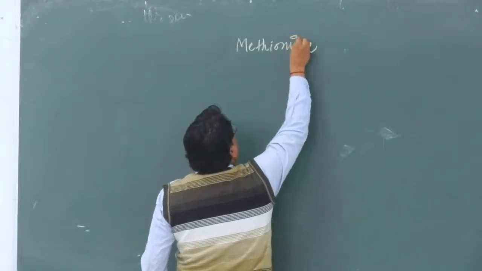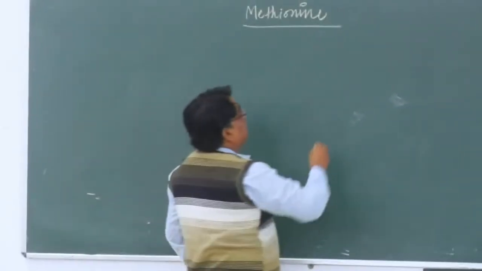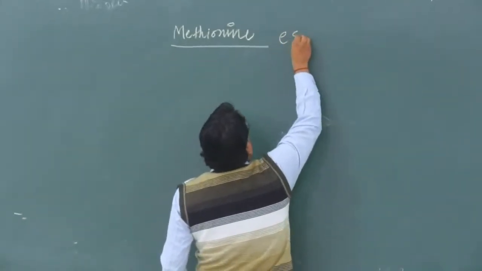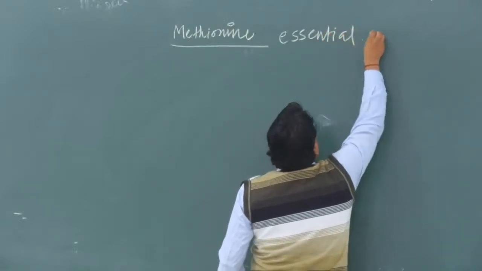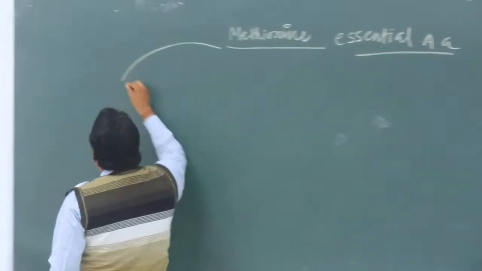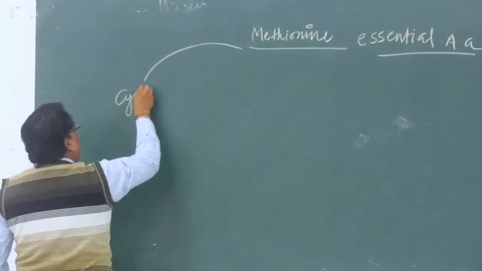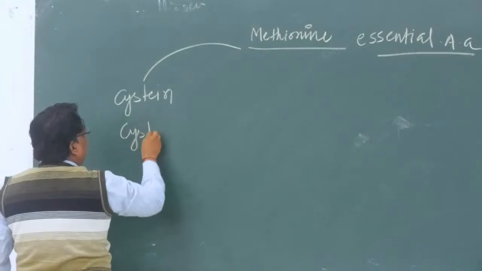Methionine is a sulfur containing amino acid, which is an essential amino acid. The other ones are cysteine and cystine.